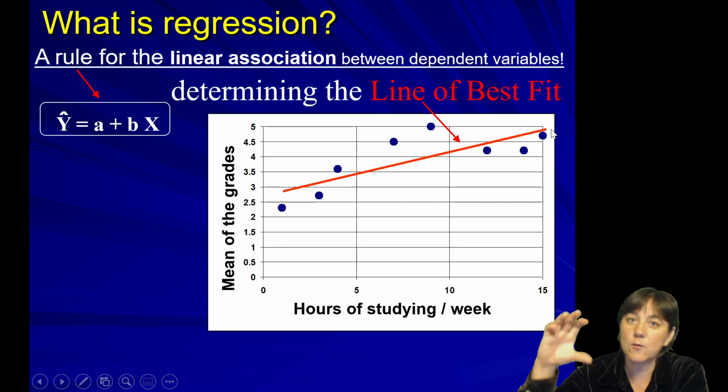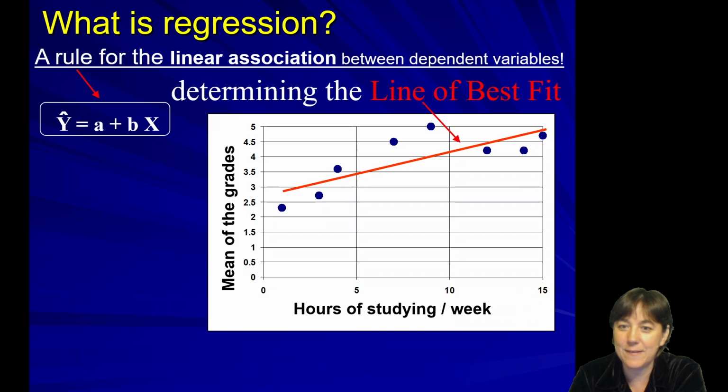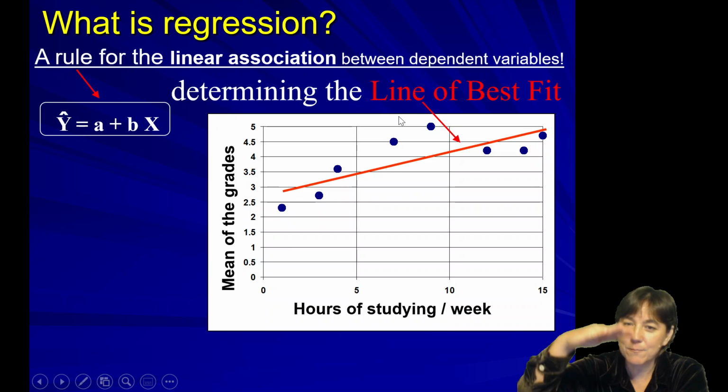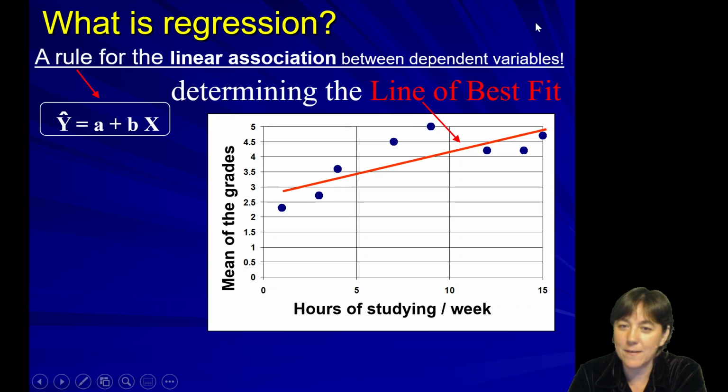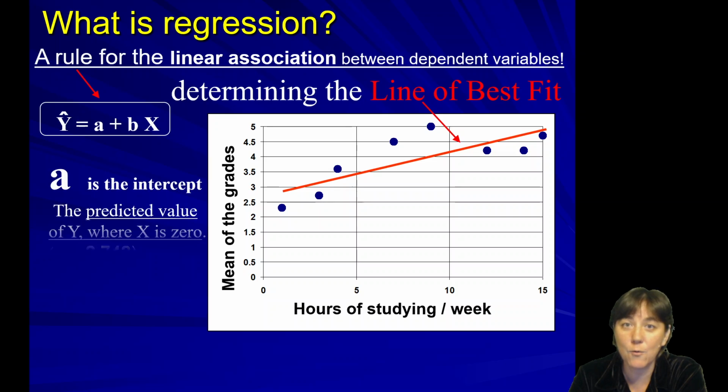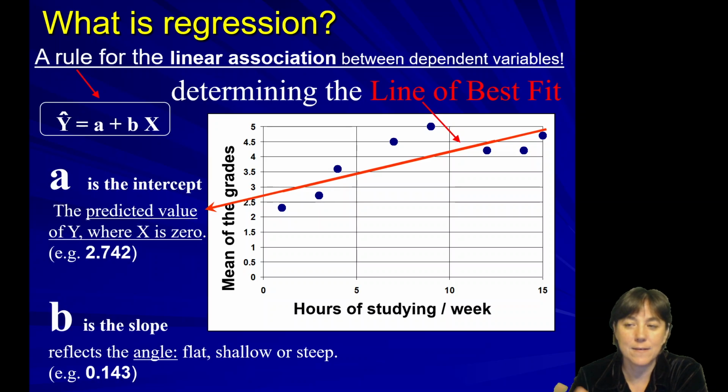It takes a squared sum of these differences, and it plays around with the lines until it finds the line of best fit where these summed squared differences are the lowest. That's the easiest way to explain this, and we are not going into the detail of how this line is calculated. But it's important to understand that the A here is the intercept, okay?